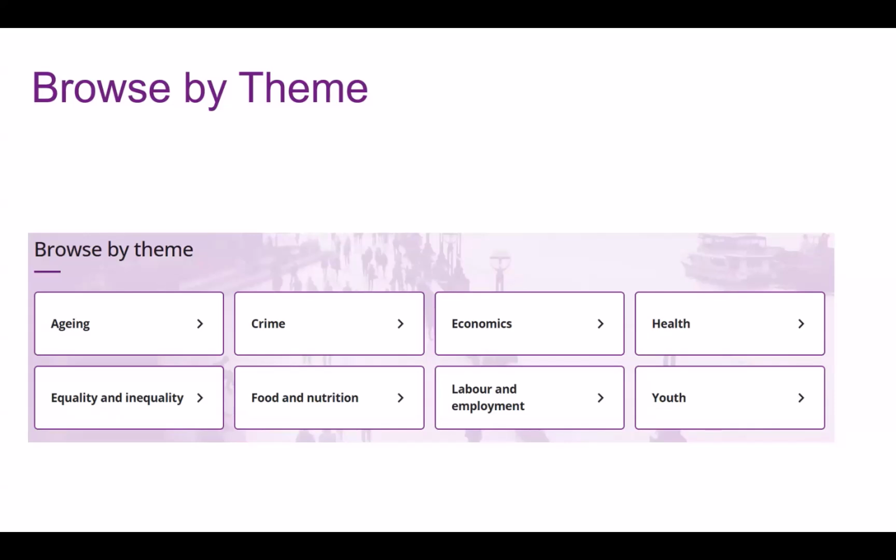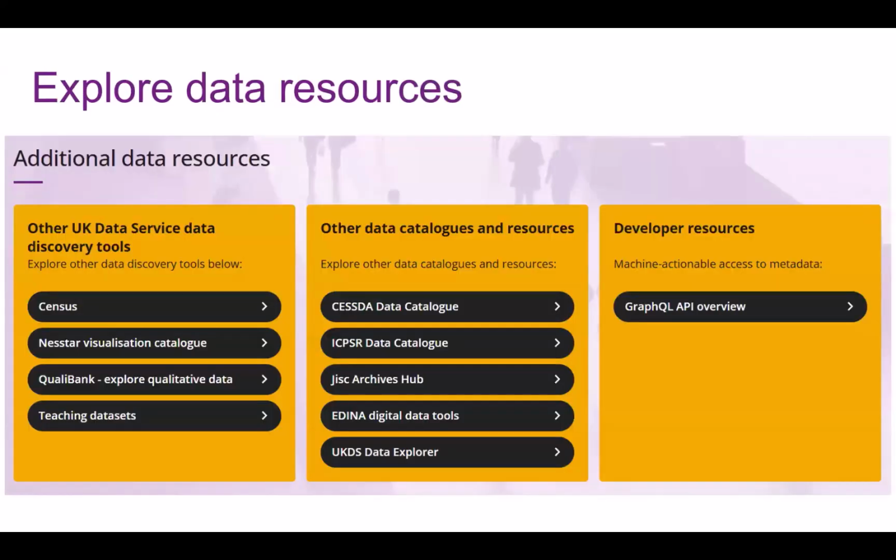And it includes a range of different data types. So there are qualitative examples that are included within those themes as well. And just below the Browse by Theme, we also have some signposting to other data resources like Nesstar and teaching data sets. I'm going to talk about QualiBank a little bit later on.